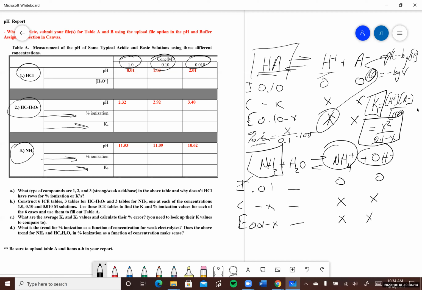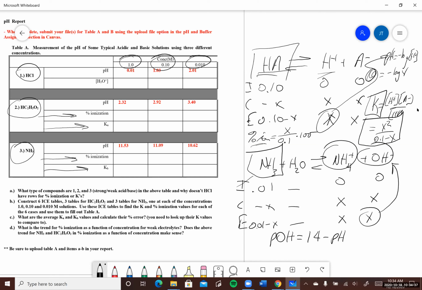Over here, though, even though they give you the pH for ammonia, you see that that's not related to X in the table. What X in the table is related to is pOH. So you can get that from pH. So pOH equals 14 minus pH.